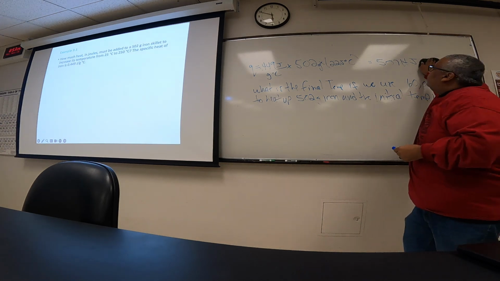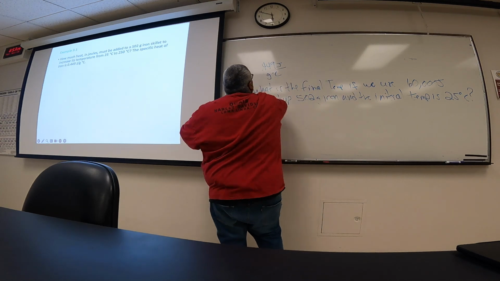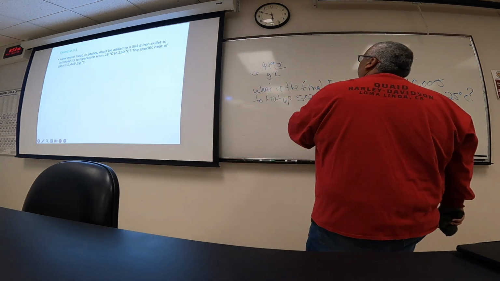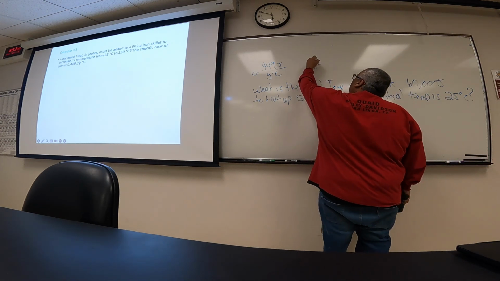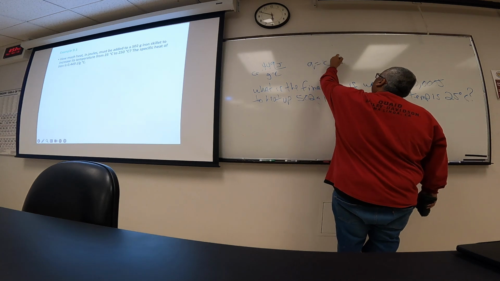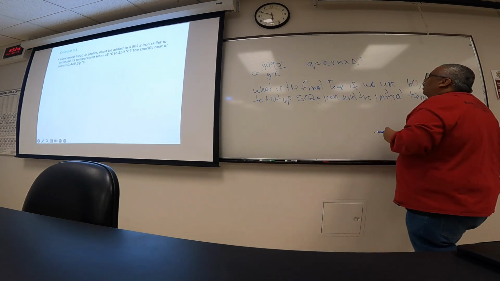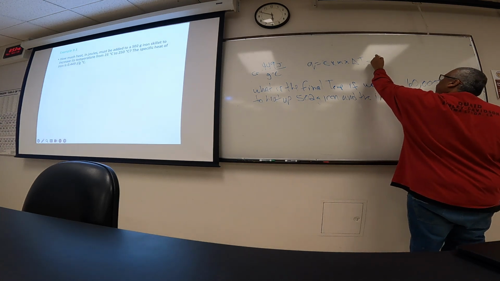Well, we're still going to use this specific heat, so let's keep that. Specific heat is equal to this value. And we're going to need Q equals specific heat times mass times our change in temperature. I think we're going to need to rewrite this real quick.